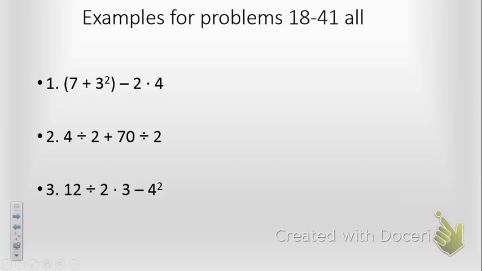But first one, we've got 7 plus 3 squared, in parentheses, minus 2 times 4. So first thing I have to do is the parentheses. Now inside parentheses, I still follow my order of operations. So first thing I really have to do inside those parentheses is the 3 squared, which is 9. So now I have 7 plus 9 in parentheses minus 2 times 4.